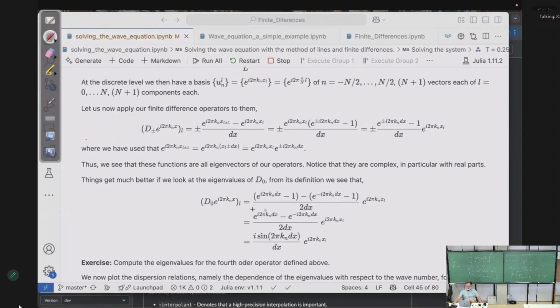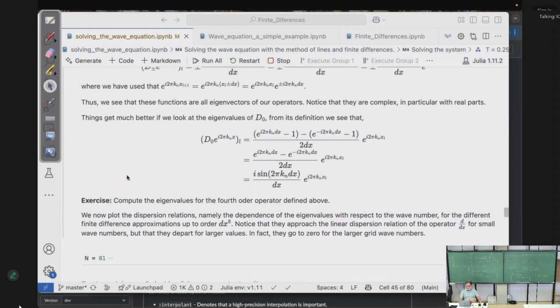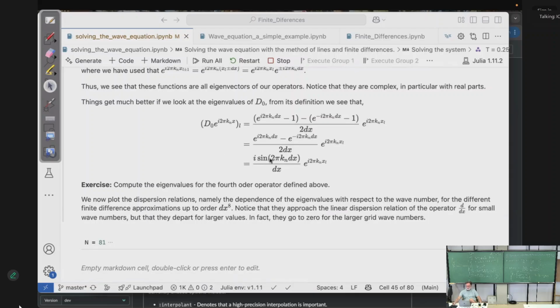From the center difference, you have to average these two values, and when you average them, this goes away and you get this factor here. So the eigenvalues are purely imaginary and have this form.